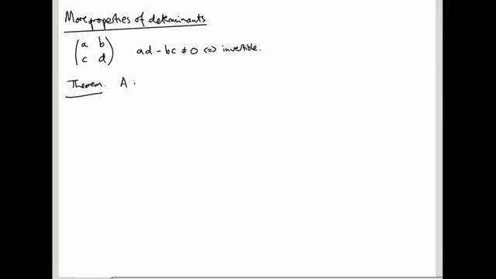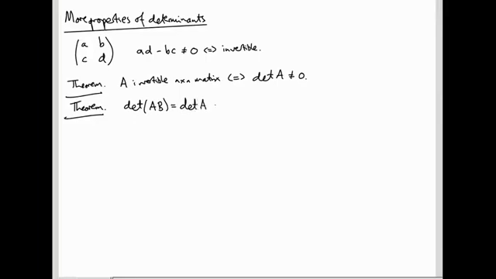So A, an n by n matrix, is invertible if and only if det A is not zero. That's one property we're going to prove. The other property we're going to prove is, if I have two matrices A and B, and I take the determinant of the product, I get the product of the determinants.